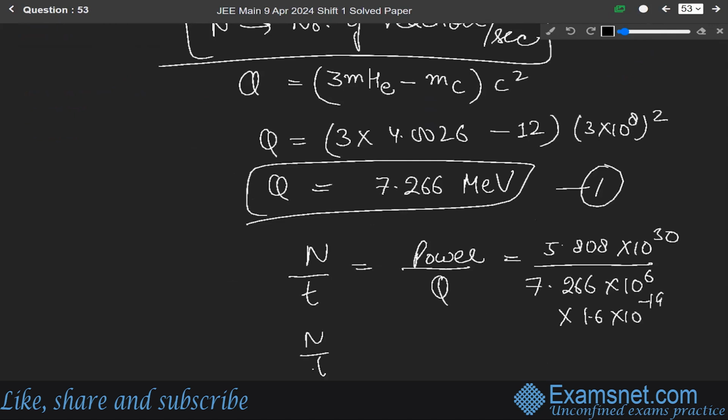So N over T will be equal to, solving it, we get 5 into 10 to the power 42.